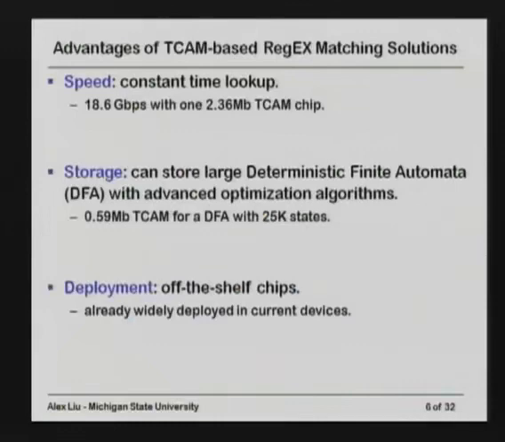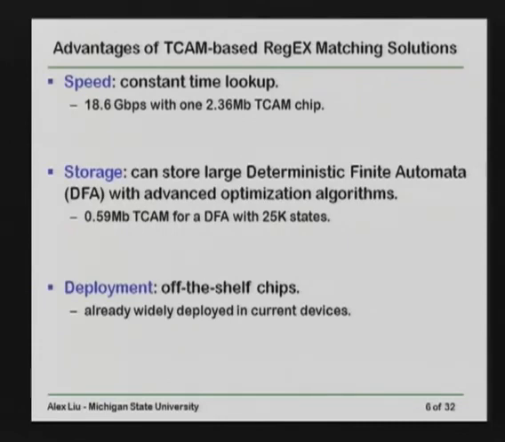There are three main advantages of TCAM-based regular expression matching solutions. One is speed. It is a constant time lookup, no matter how many entries you have. For example, in our experiments, we use a 2.36 megabit TCAM chip and can achieve a maximum of 18.6 gigabits per second. Second is storage. TCAMs are capable of storing large deterministic finite automata.